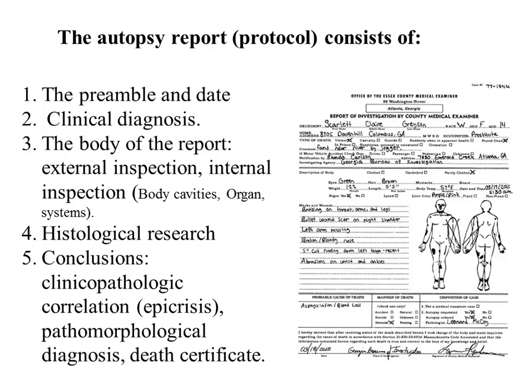After that, we write the histological research, which includes microscopical description of the tissue samples taken from the dead body during the autopsy. Conclusions, which include clinical pathomorphological correlation, its epicrisis, pathomorphological diagnosis, post-mortem diagnosis, and the death certificate.